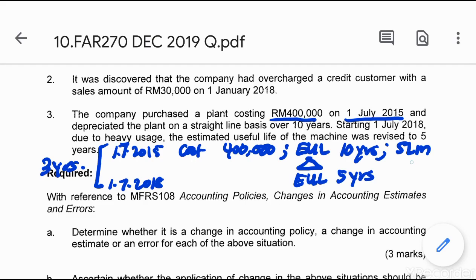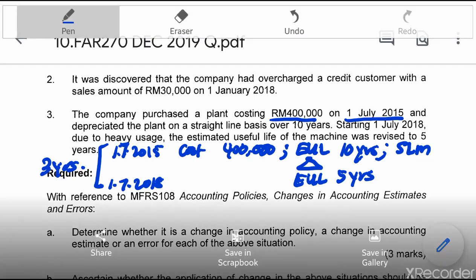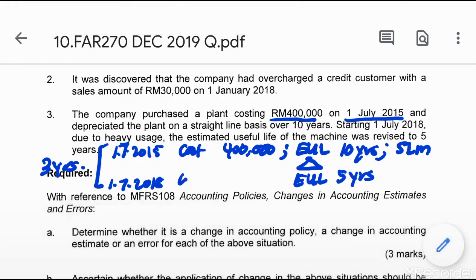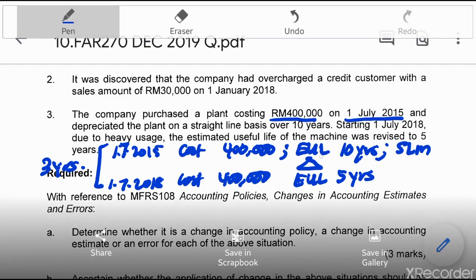A change in estimated useful life, a change in depreciation method, a change in the percentage of depreciation, these are all changes in accounting estimates. So there will be a change in your depreciation charge for 2019 on 30th of June. The cost is still the same because they adopt the straight line method, so depreciation is charged on cost.